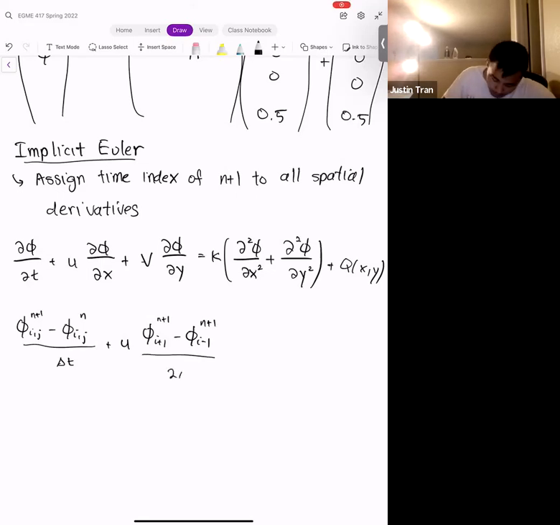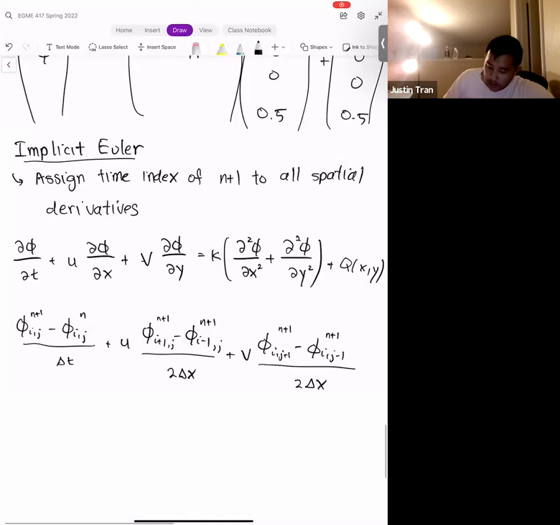So phi i plus 1,j, phi i minus 1,j. Then we have the y derivative, phi i,j plus 1 minus phi i,j minus 1, both evaluated at time step n plus 1.